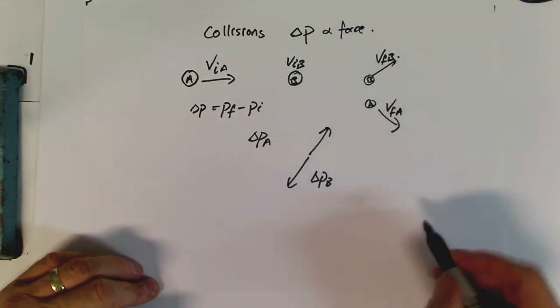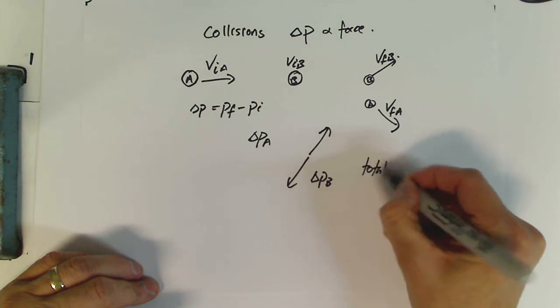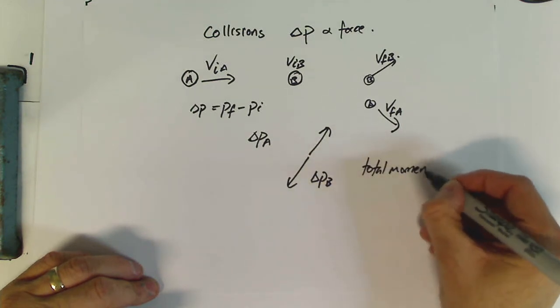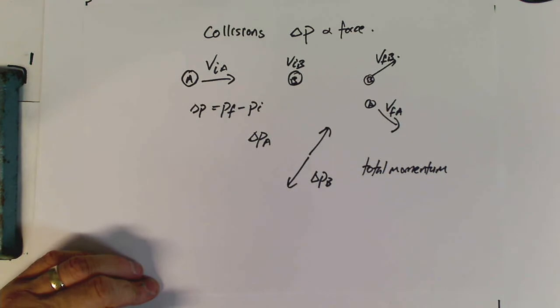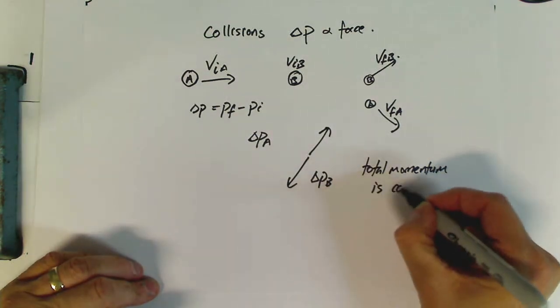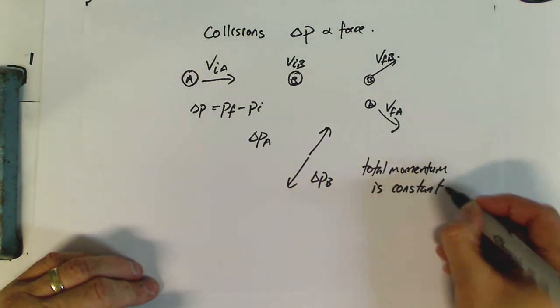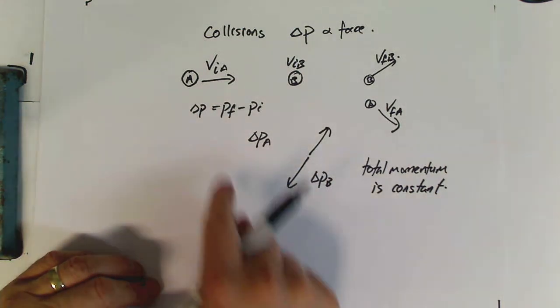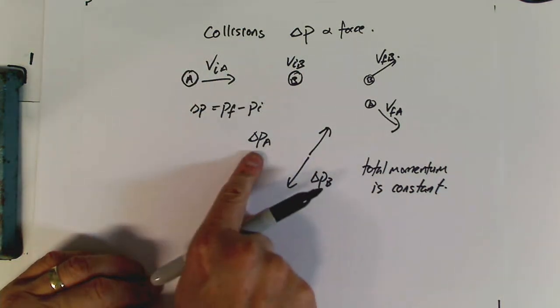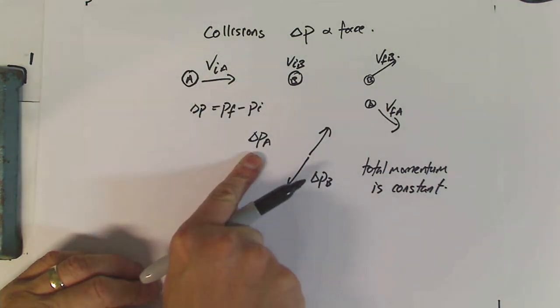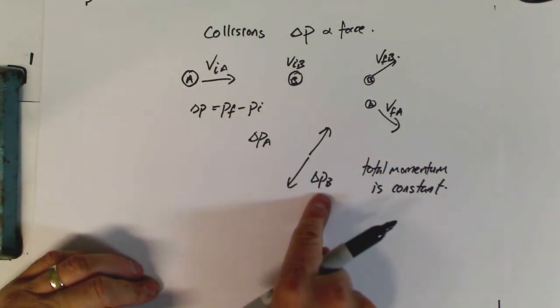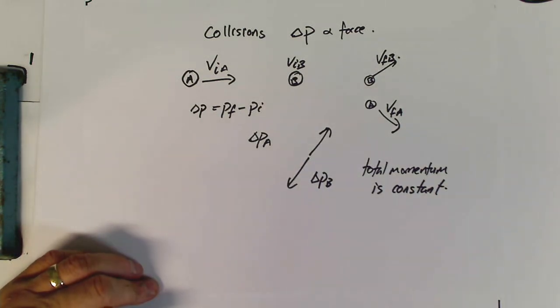If you've got conservation of momentum, you're saying total momentum before and after the collision is constant. So if total momentum is constant, then any change in momentum on A must be equal and opposite to the change in momentum on B, and therefore the total momentum will stay the same. Now that's all very well.